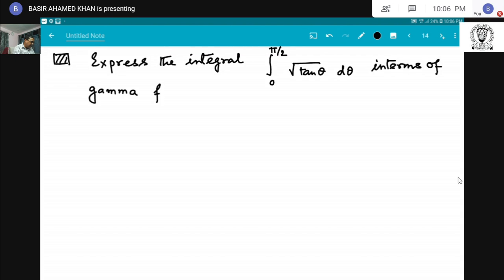So first of all I have to express the integral from 0 to pi by 2 of root of tan theta d theta in terms of gamma function.